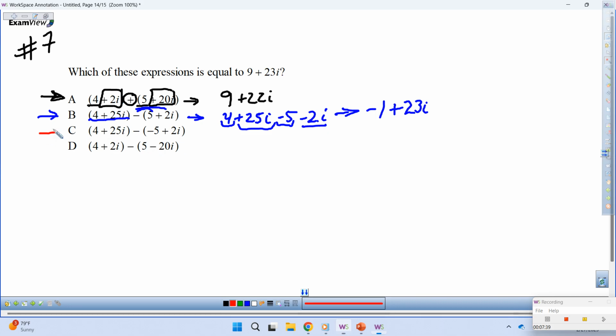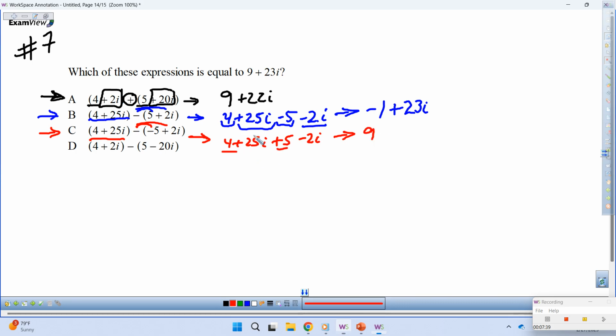C. Again, there's a negative here, distribute, so I'm going to rewrite this one right here. We got 4 plus 25i. Negative times a negative is a positive 5. And negative times 2i, that's negative 2i. So, combine. What is 4 plus 5?